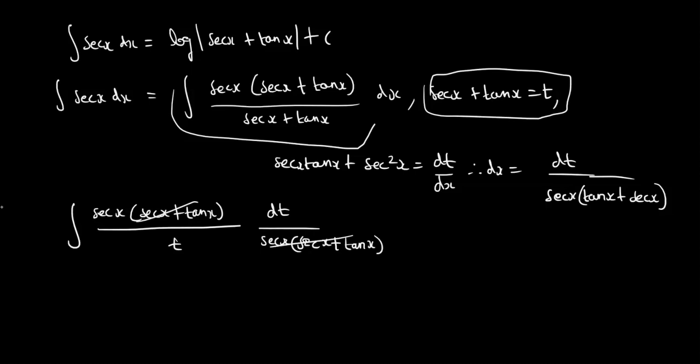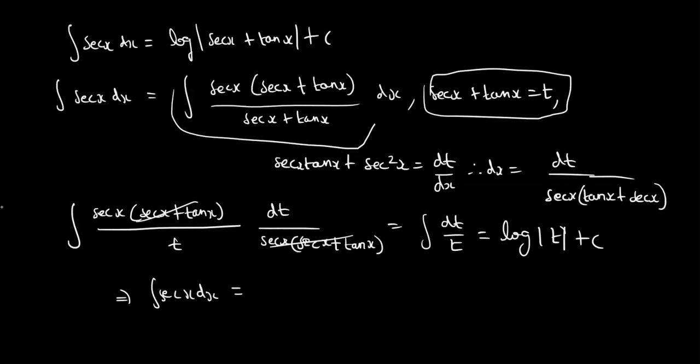So this term cancels and this term cancels, and it will essentially become dt by t, which is log t plus the arbitrary constant. So integration of sec x will become log, and substitute back the term for t, that is sec x plus tan x, plus the arbitrary constant.